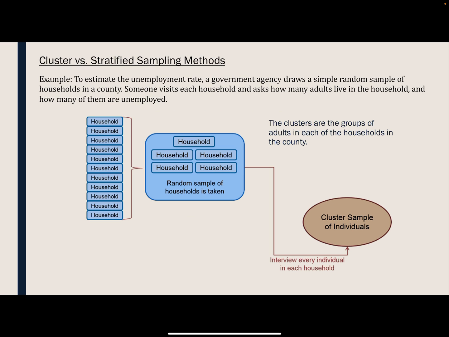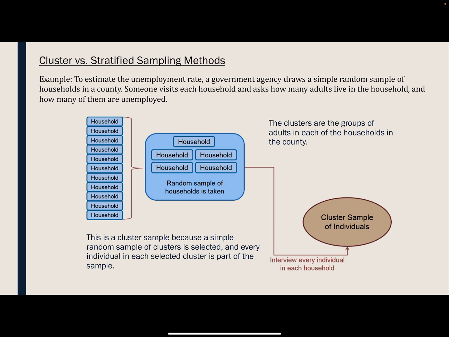So the clusters are the groups of adults in each household in the county, and it's a cluster sample because they are doing a simple random sample of the clusters selected, and every individual within each cluster is a part of the sample.